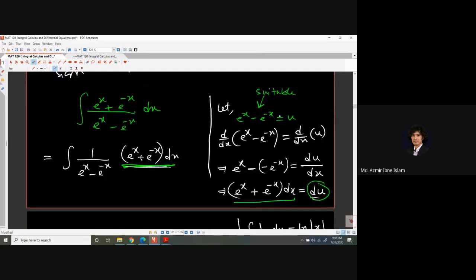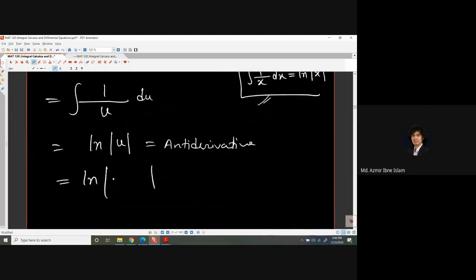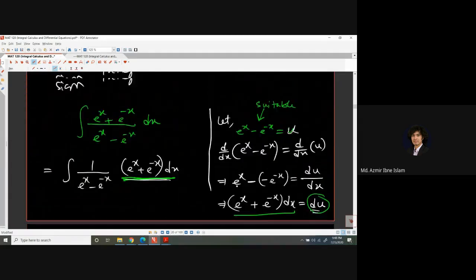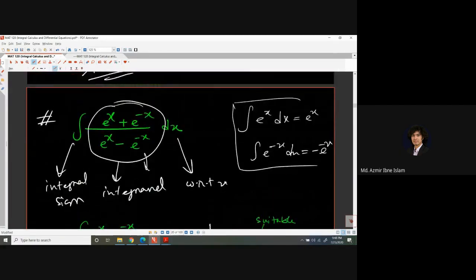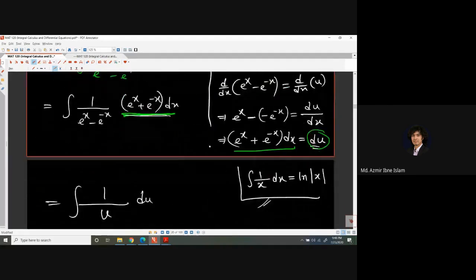So we have considered e to the power x negative e to the power minus x as u. So let's input this one: e to the power x negative e to the power negative x plus c. Since we have an indefinite integral, in the final result we can input a constant plus c. So this is called the U-substitution method.